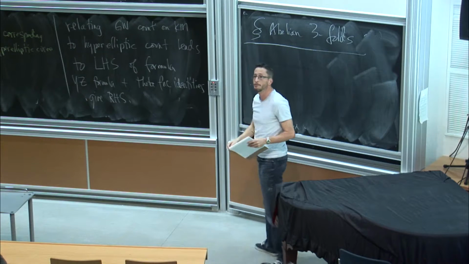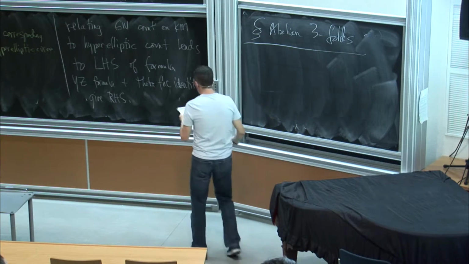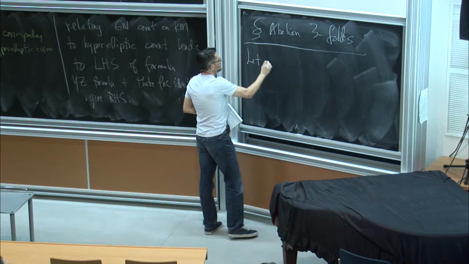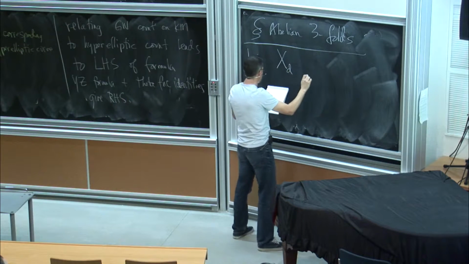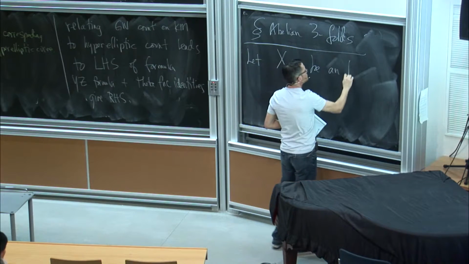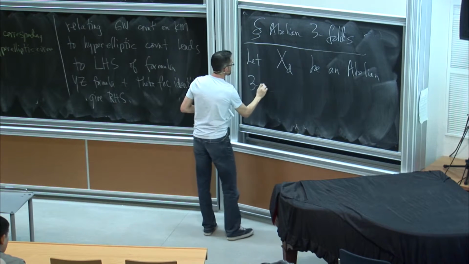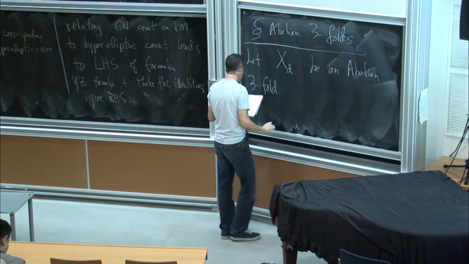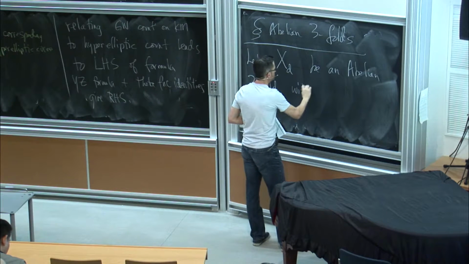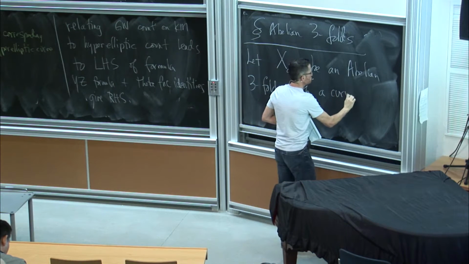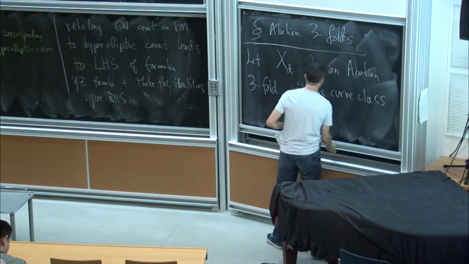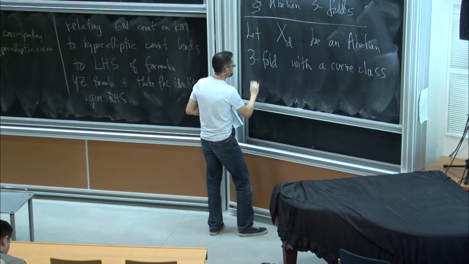All right, since A was the name of my surface, let me use a different letter for the threefold. We'll call it X_D, be an abelian threefold with a curve class beta_D.